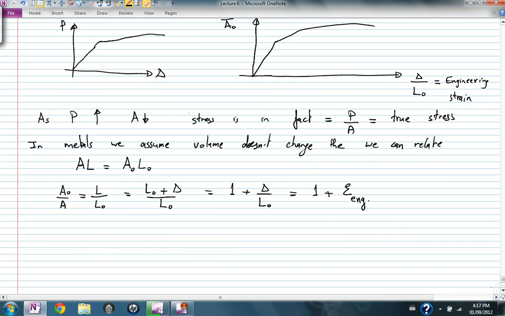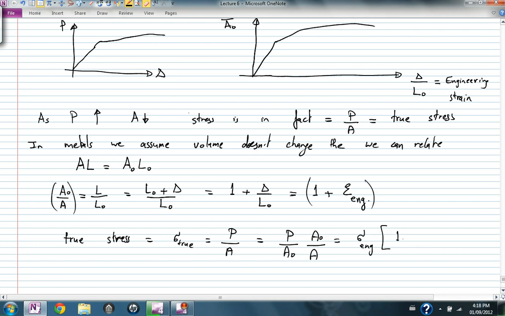And so the true stress, which we designate sigma true, we get by dividing P by A. This is equal to P divided by A naught multiplied by A naught divided by A, which is equal to sigma engineering multiplied by A naught over A, which happens to be 1 plus epsilon engineering.